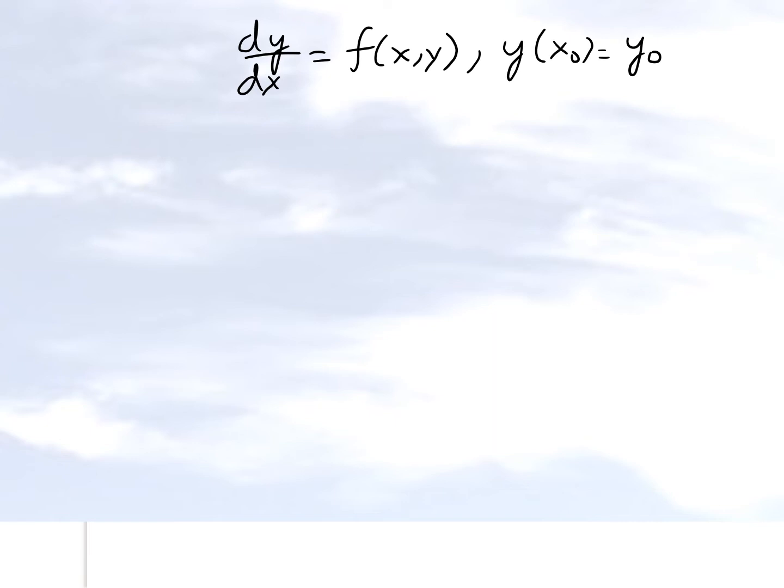So in order to be able to do that, we need to talk about the application of Taylor series to derive the Runge-Kutta second order method. If you look at the general form of the Taylor series, it is given by this form here.